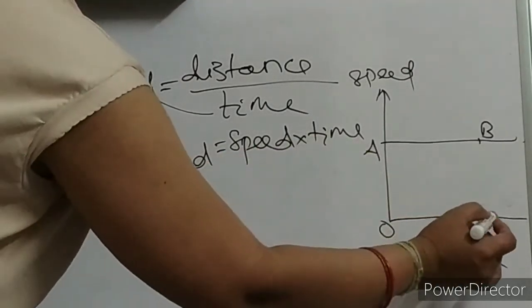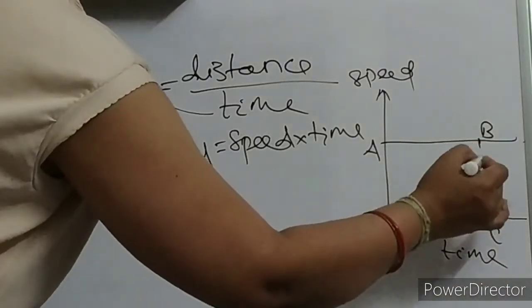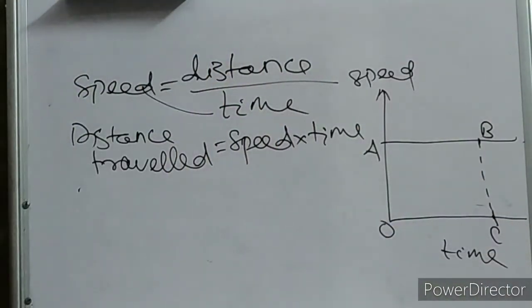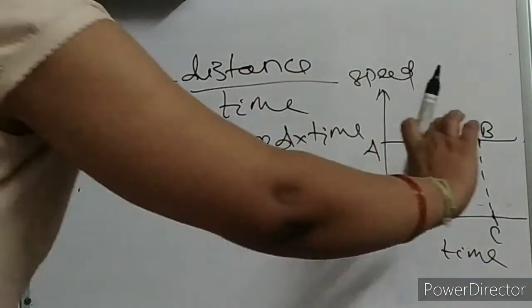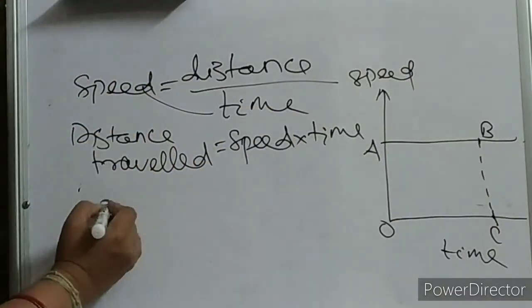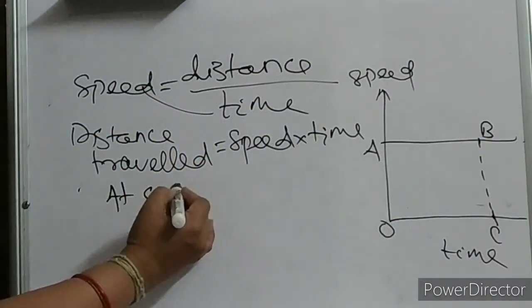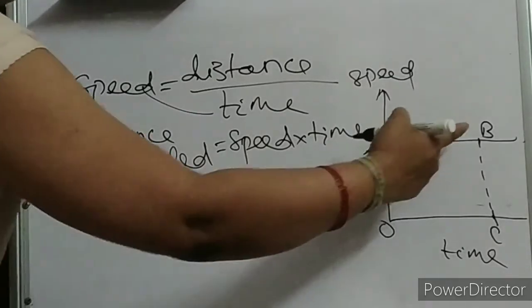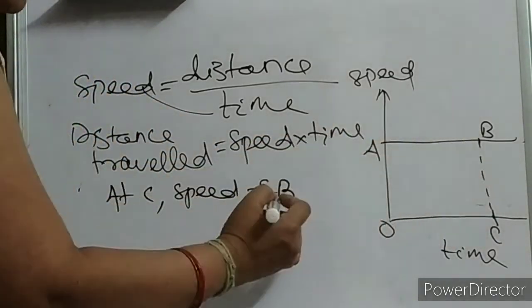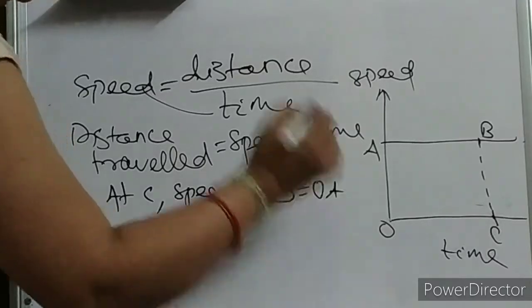So at C, join this. Tell me, at C what is the speed? This is your speed only. So at C, speed is equal to CB, and CB is the same as OA. Clear, children?